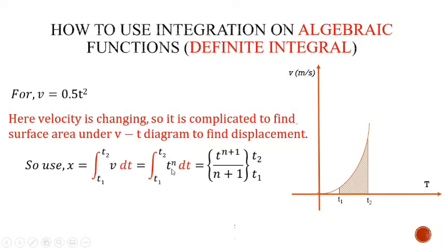In this case we will increase the power and divide by the power. The existing power is n, so we first increase the power, so n plus 1, and divide the whole term by it. So n plus 1 will be divided here, and the limits are also indicated, from t1 to t2, and this is nothing but the area under the VT diagram.